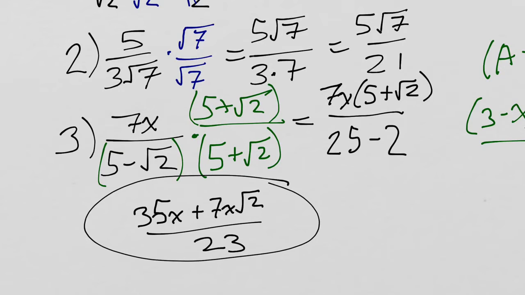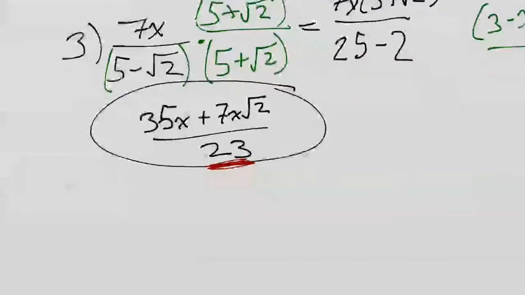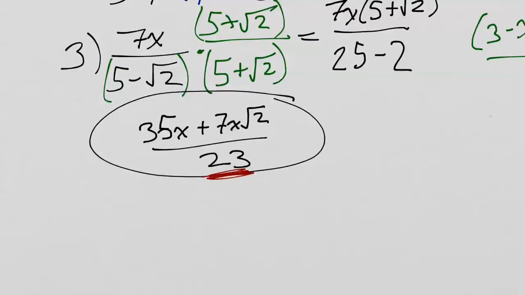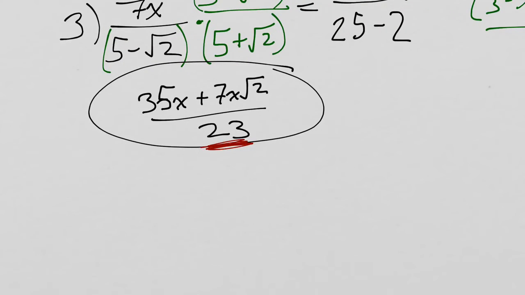That's my answer for number 3. A little messy, but the nice part, the thing that the mathematicians like, is that just straight up 23 down there.